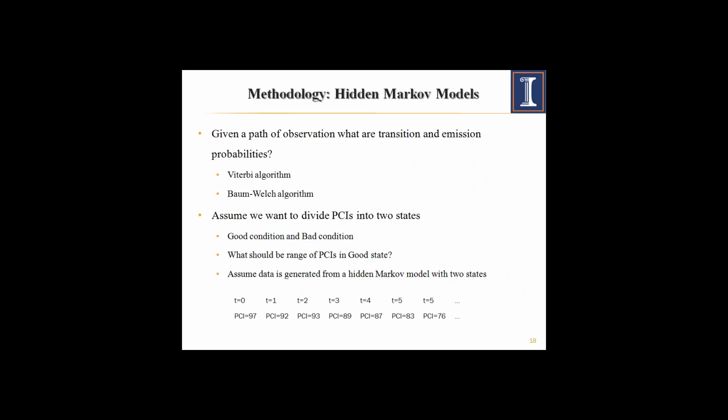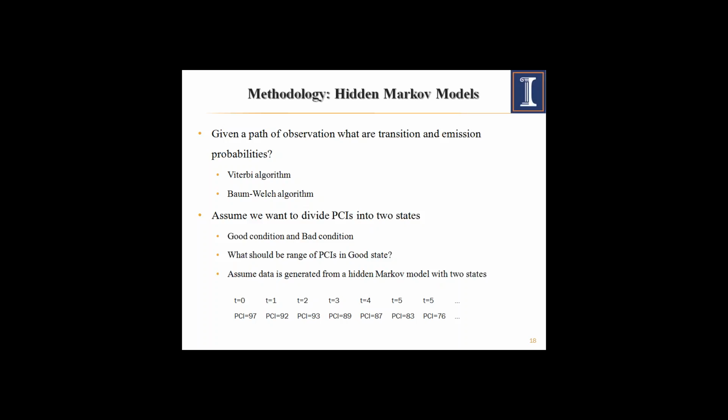And there are algorithms that, if you give them a path generated from a hidden Markov model, give you the transition matrix and emission matrix for the hidden Markov model. So here what we do is assume that the PCIs are generated from a hidden Markov model.